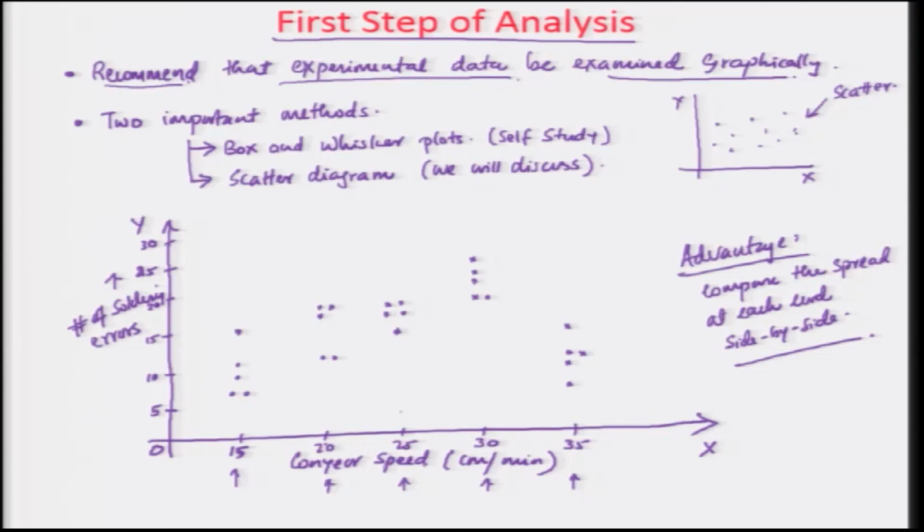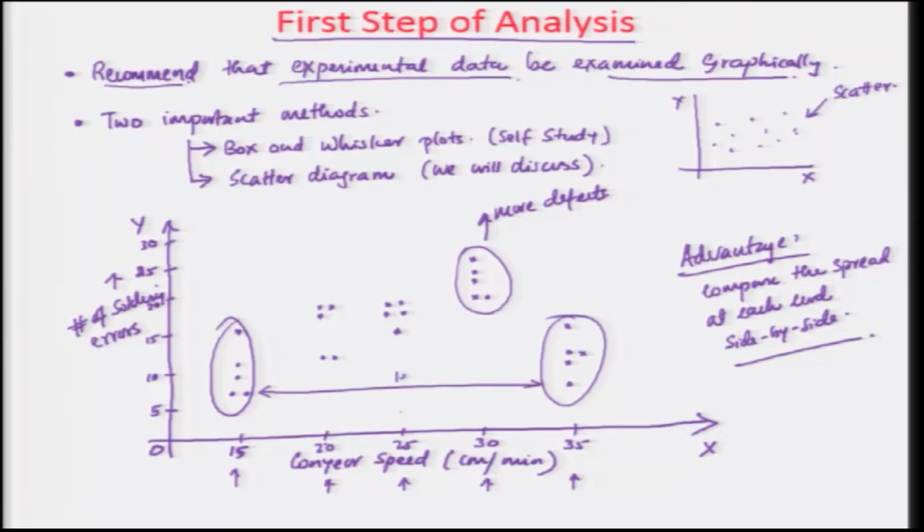So, you can say that 15 probably has the lesser number of defects, but also at a high speed, at 35, these are comparable. But the conveyor speed of 30 consistently shows more defects, and here you have fewer defects.